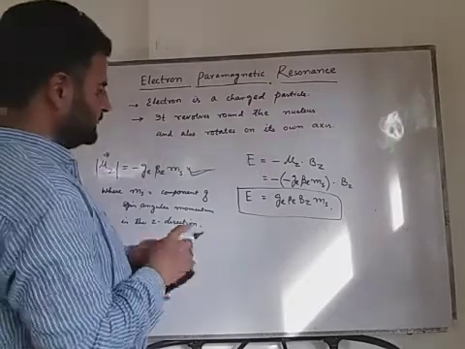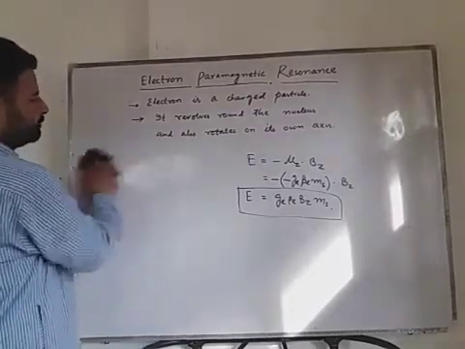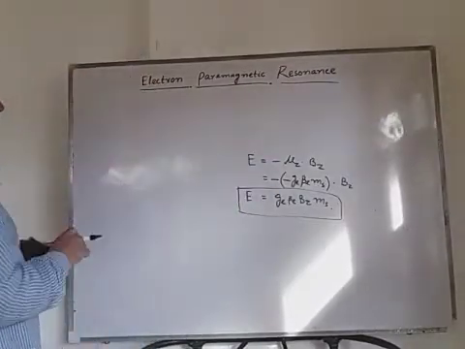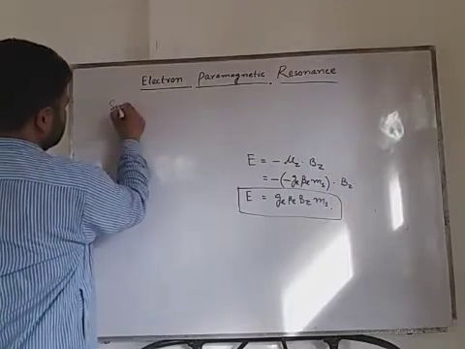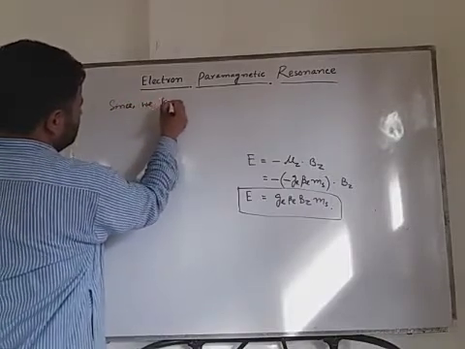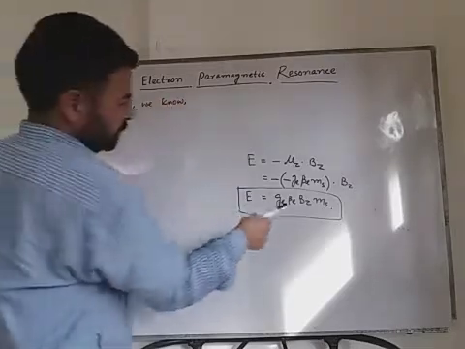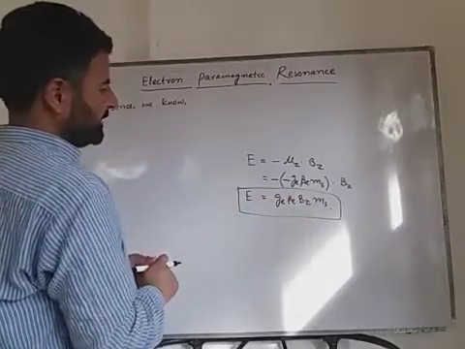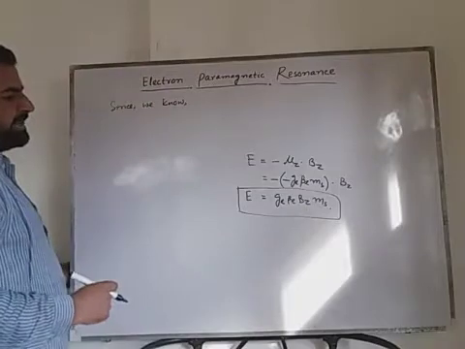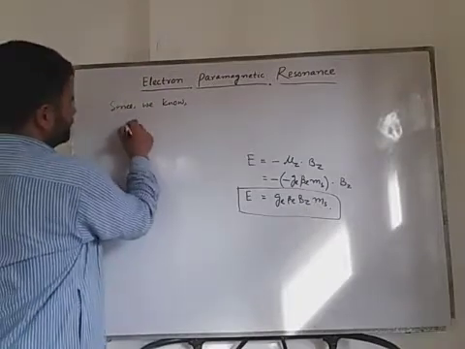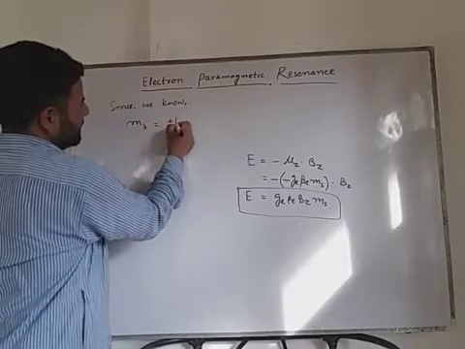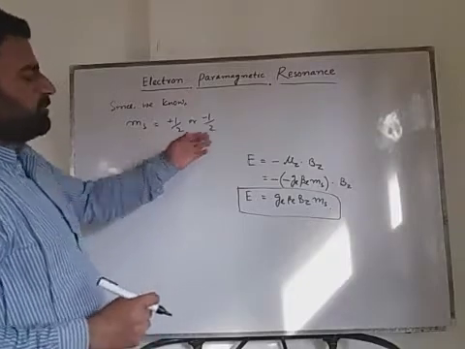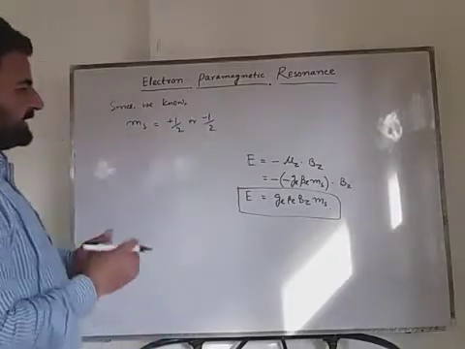So what will happen? Since we know that this Ms, the spin angular momentum quantum number, can have two values, plus 1 by 2 or minus 1 by 2. Plus 1 by 2 for anti-clockwise direction and minus 1 by 2 for clockwise direction.